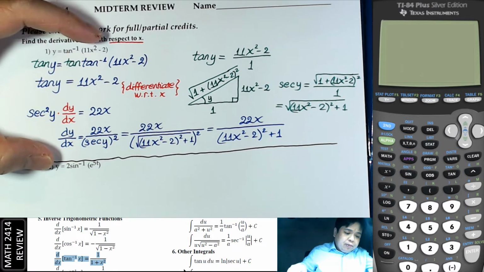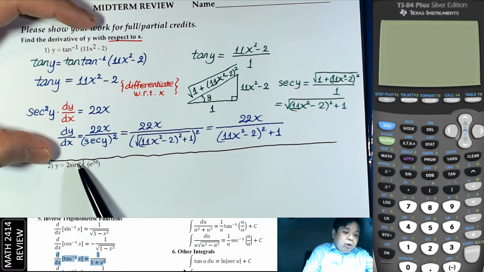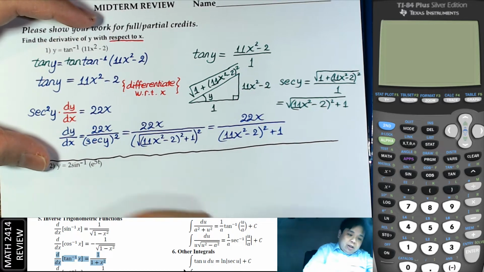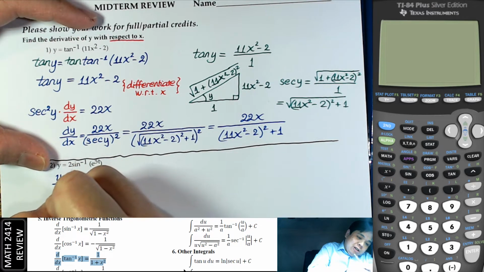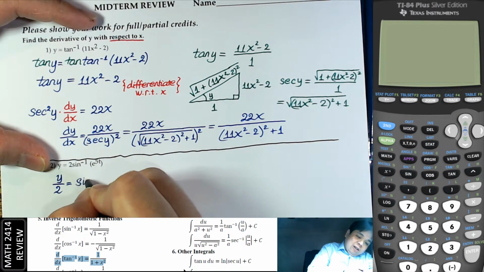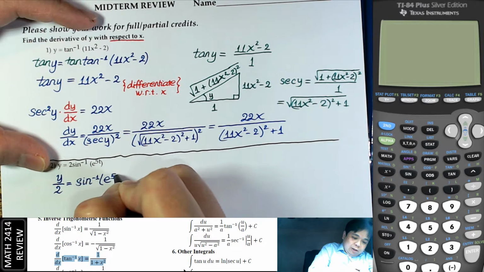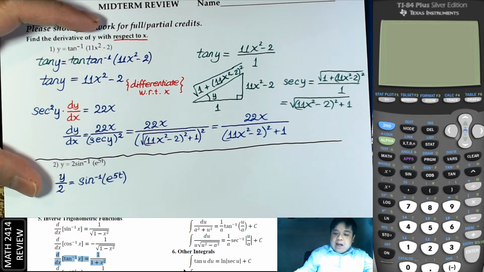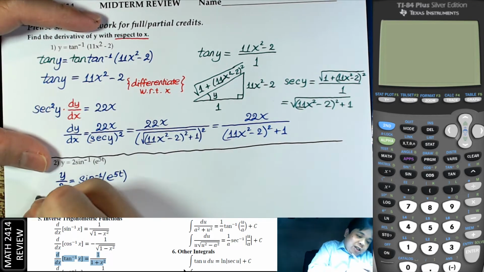Right, the second one, we'll do the same thing, but I will get the sine inverse by itself first by dividing by 2. So we do that. Now to get rid of the sine inverse, or to undo it, I will take the sine function.